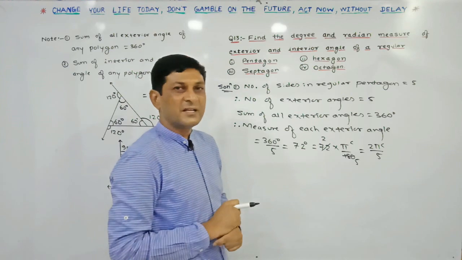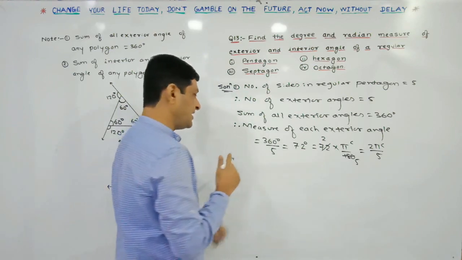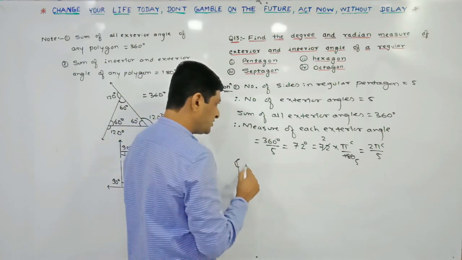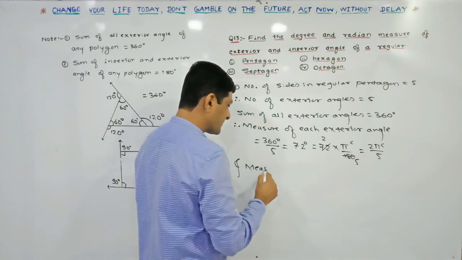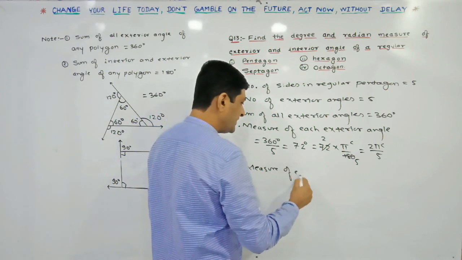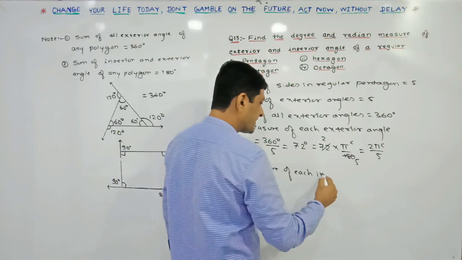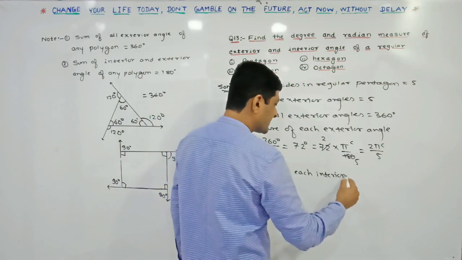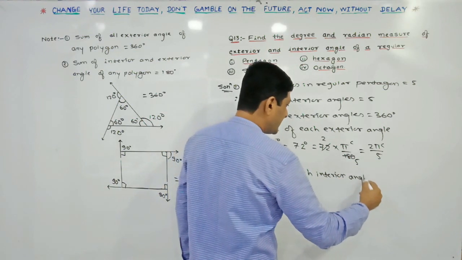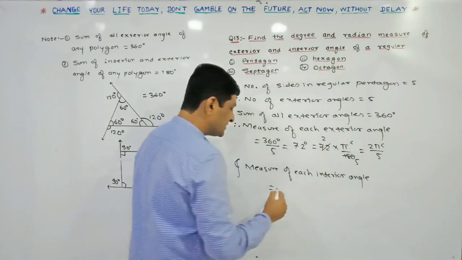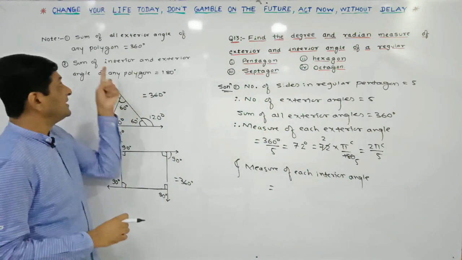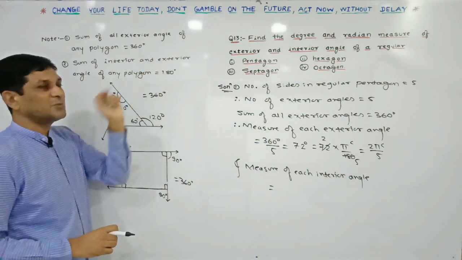Now we are finding the degree measure and radian measure of the interior angle. The measure of each interior angle is equal to, just now we have seen that the sum of interior angle and exterior angle is 180.